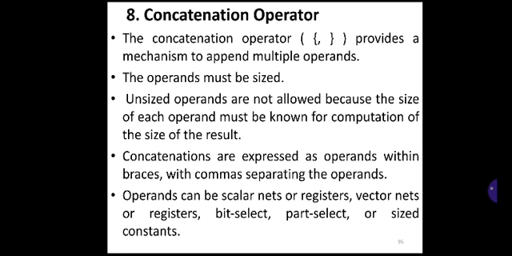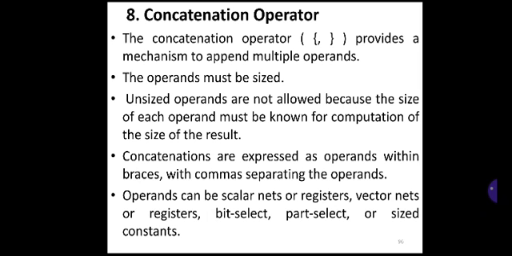The thing is, the operands must be sized. That is, the size of the operand must be known to compute the size of the result. Without knowing the size of the operand, we cannot use it in a concatenation operator. So each and every operand must be sized.